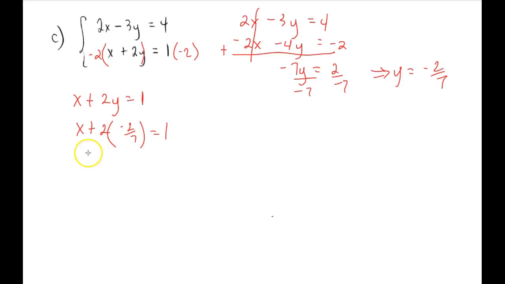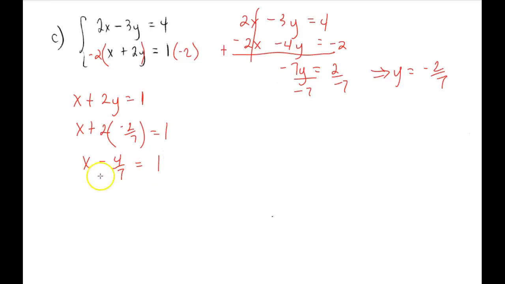We know that 2 times -2/7 is going to be -4/7 over 1.